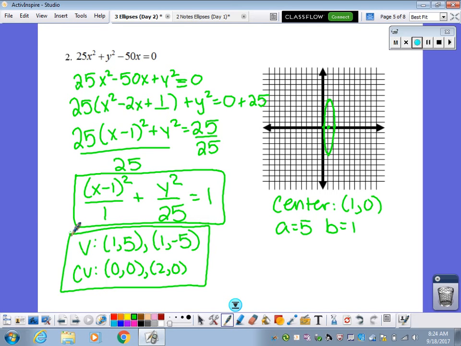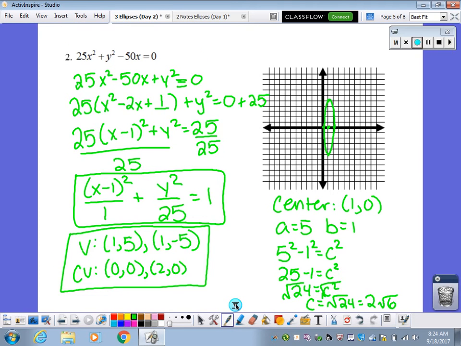So in order to find our foci, we use our a and our b value. So 5 squared minus 1 squared is equal to c squared, which is 25 minus 1 is equal to c squared, which is 24 is equal to c squared, square root, c is equal to radical 24, or 2 radical 6.